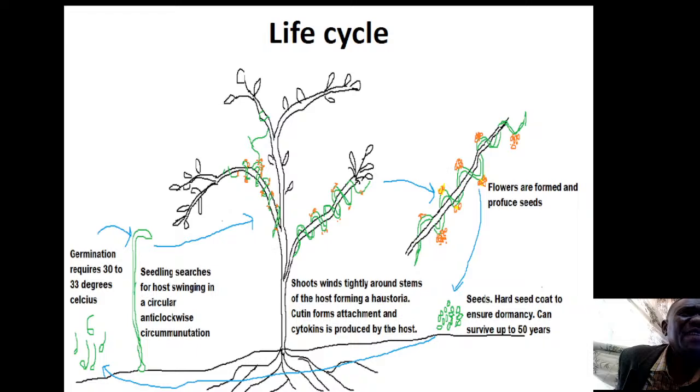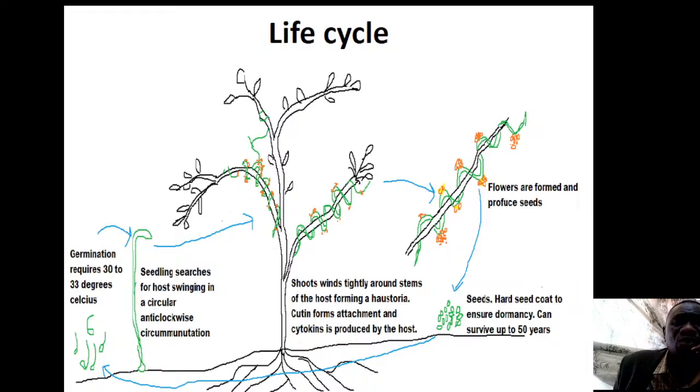But after germination, it does certain movements at this stage. It can move in a circular anti-clockwise rotation, which is known as circumnutation. It can rotate in search for the host.